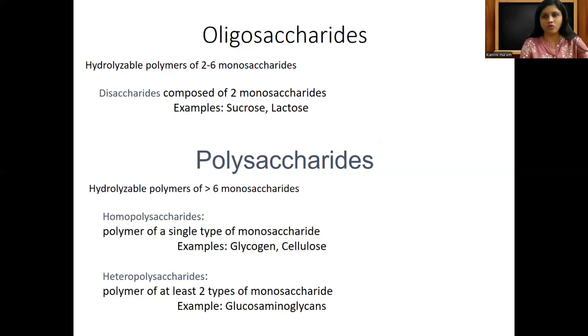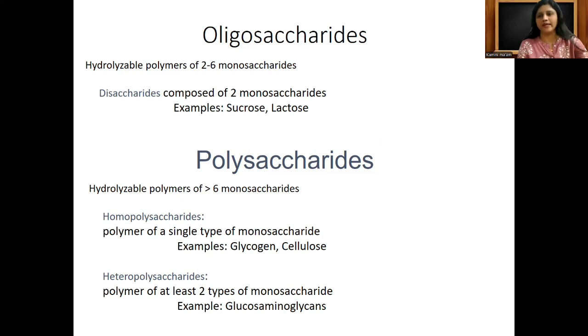When only glucose molecules are attached together and form a more complex, tree-like structure, that is a homopolysaccharide. Examples are glycogen and cellulose, which is the building block molecule for plant material or plant fibers, the plant skin. Glycogen is stored as energy in your body, in the muscle and liver.